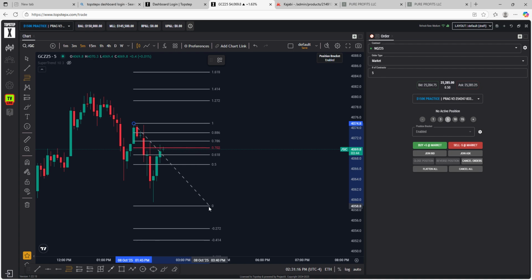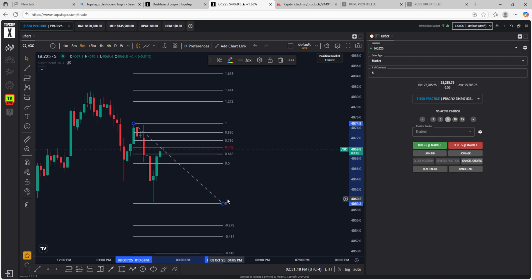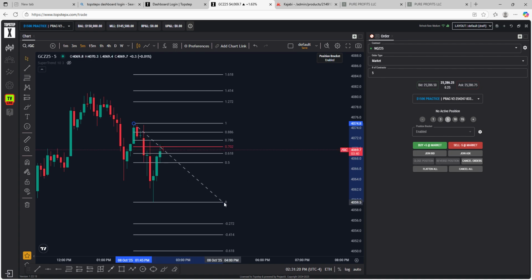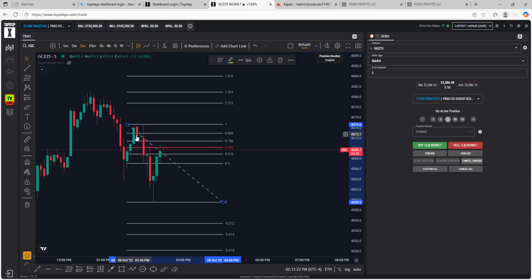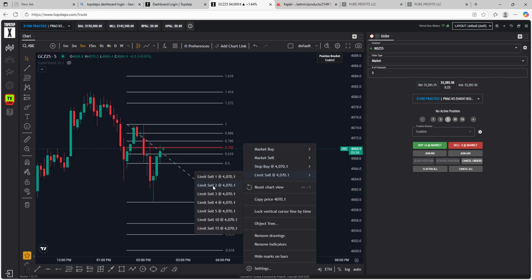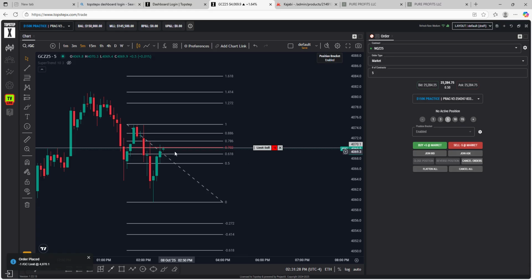So just to show y'all, right? We have our OB 702. I put my pendant right here. Limit sell 1. Please come back and tap me in, just so I can show y'all an example of this.